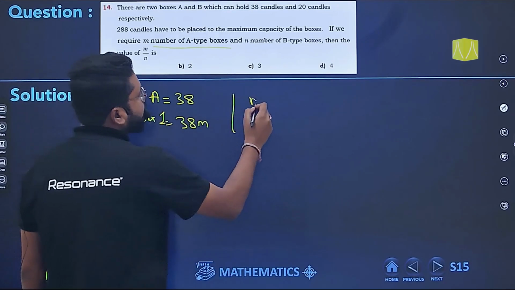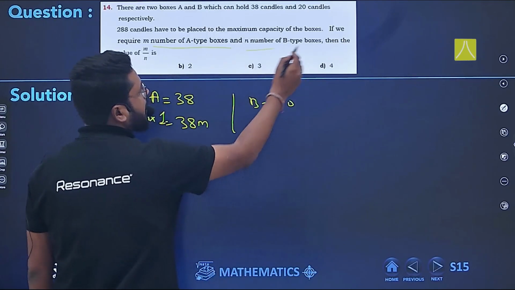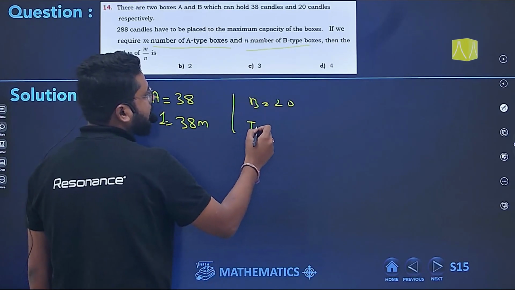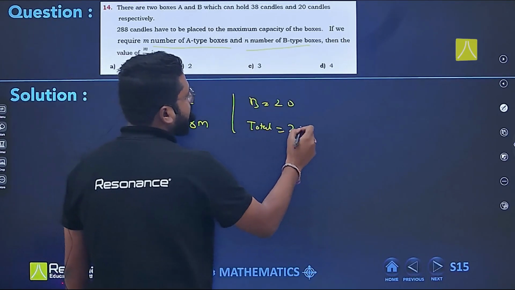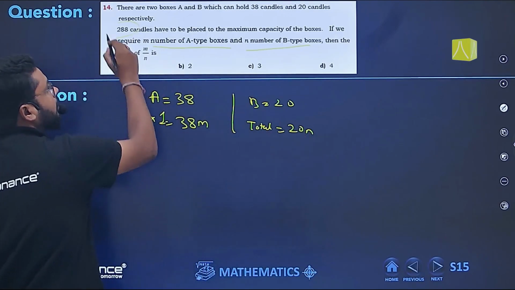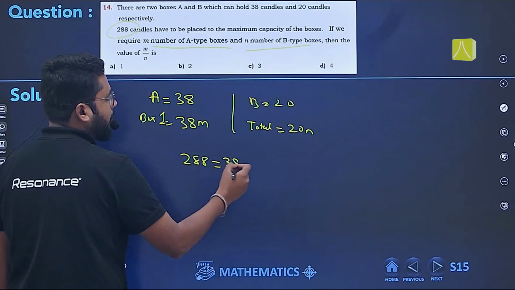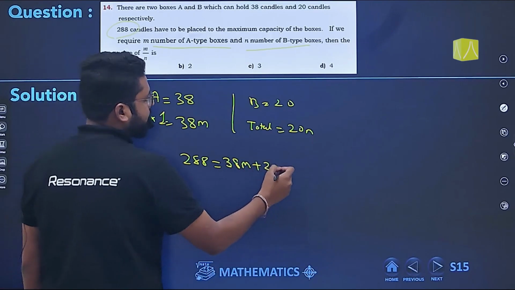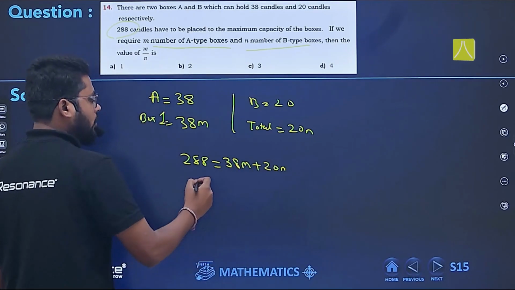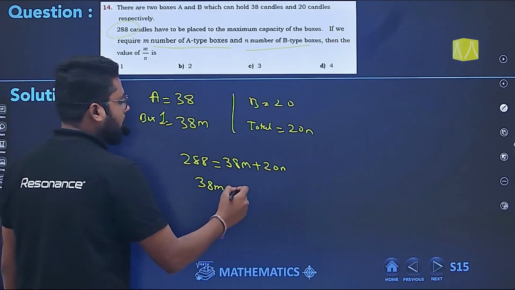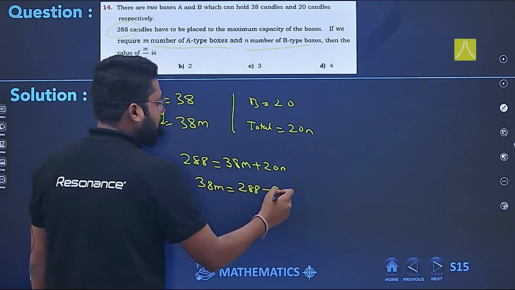For B, it's 20 candles, and we are taking n number of B type boxes, so it will handle 20n. So the combined strength is 288. So 288 will be 38m plus 20n. So 38m will be 288 minus 20n.